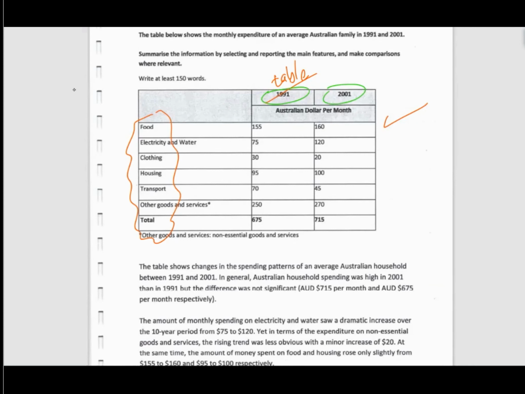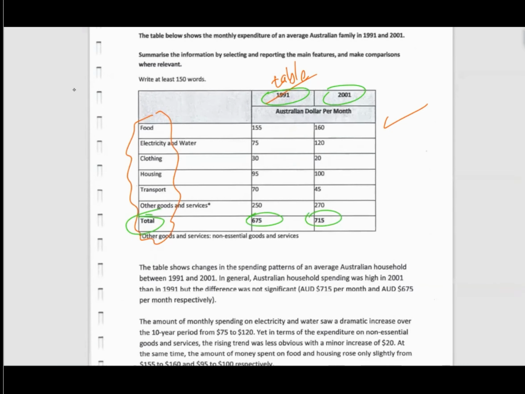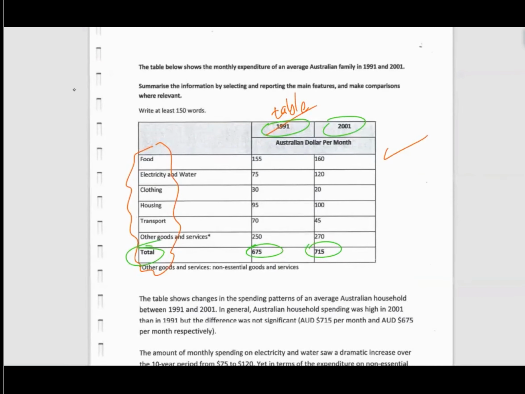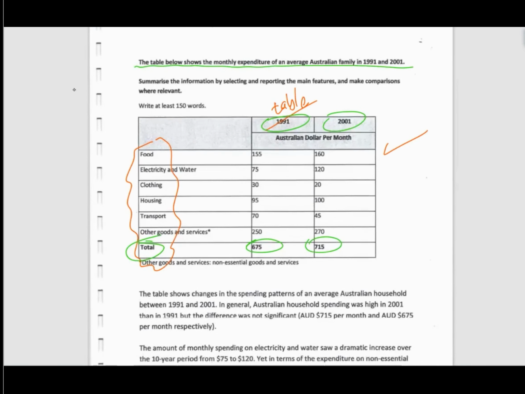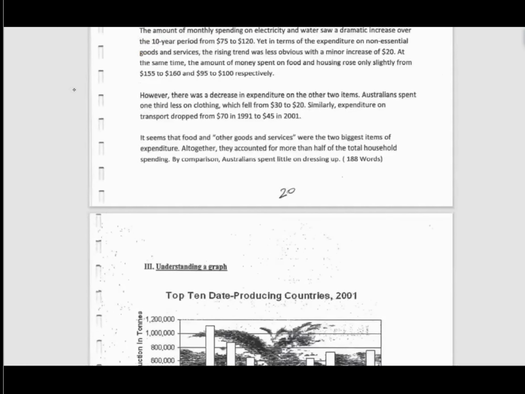So you need to compare and contrast between the two periods sometimes. And it has also a total, very important to look at the total of each year to get the overview sentence. And this is an example of the question here. So this is an example of a table. You will see how to answer it.